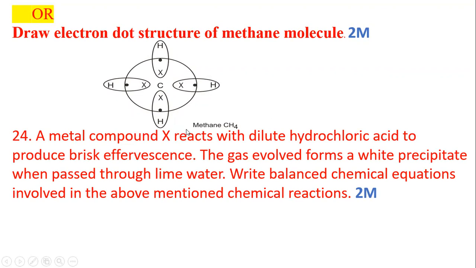A metal compound X reacts with dilute hydrochloric acid to produce brisk effervescence. The gas evolved forms a white precipitate when passed through lime water. Write balanced chemical equations involved in the above chemical reactions. Yes, you have already studied this in acids and bases.